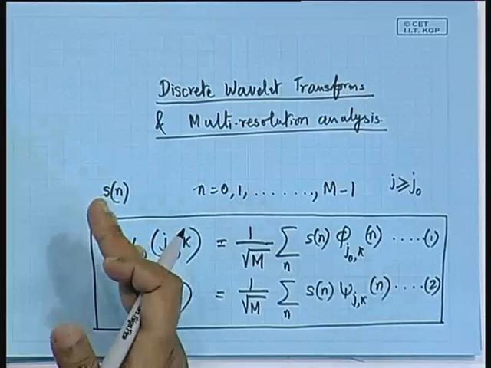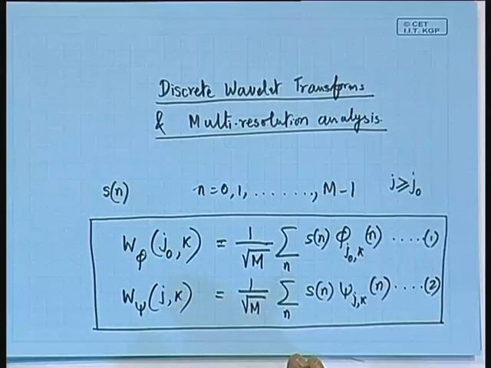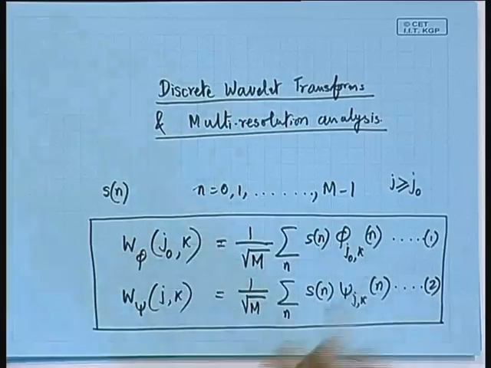Why is this 1 by root over M? I will come to this very shortly. See, 1 by root over M is a normalizing term that is there, because I have transformed S n to this space, and I can get back S n from this space.